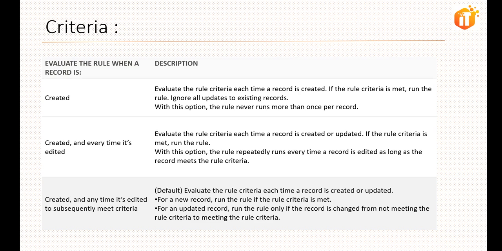Evaluates the criteria each time a record is created or updated. You guys have got a clear idea of what the first line, created and anytime it's edited, means. For a new record, run the rule if the rule criteria is met. For an updated record, run the rule only if the record is changed from not meeting rule criteria to meeting rule criteria. I will explain this.